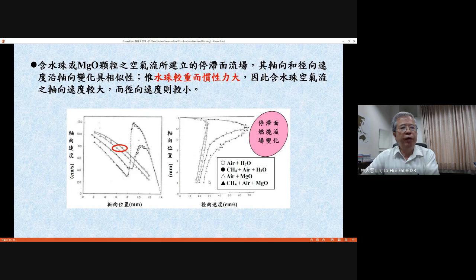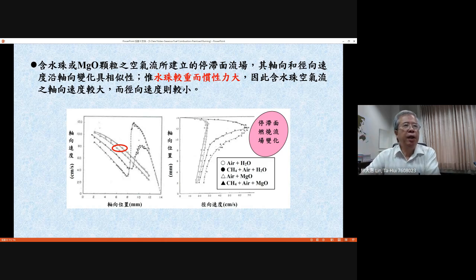Additionally, you can see that the radial velocity for the magnesium oxide is larger than that for the water particles, because as I said before, magnesium oxide has a smaller diameter and is easier to move with the gaseous flow. It has less inertia, so it can carry. They have a smaller axial velocity, but a higher radial velocity. That means they can follow the flow structures easily.